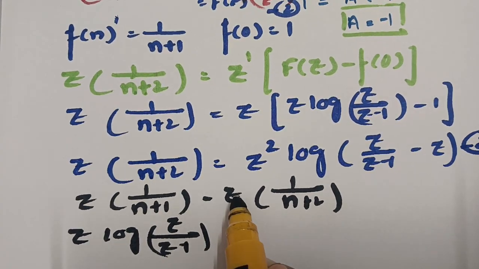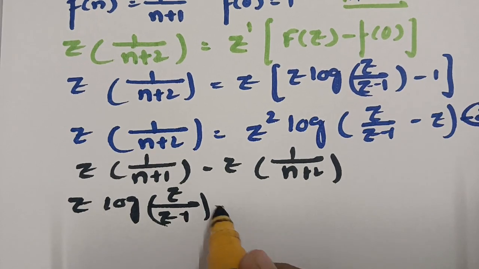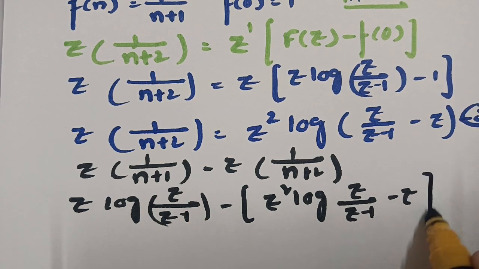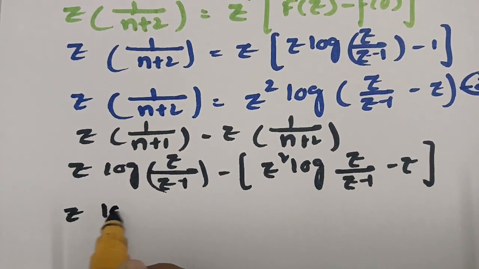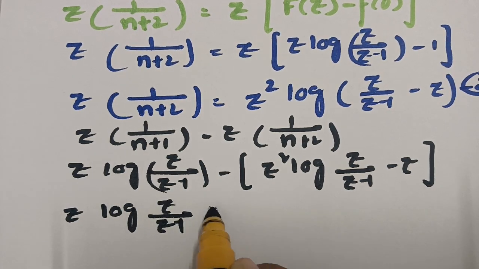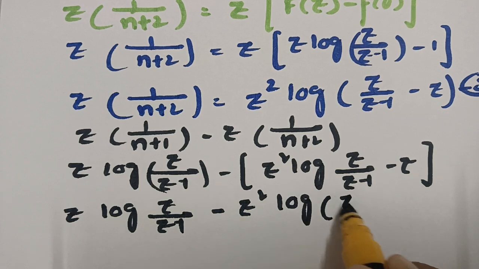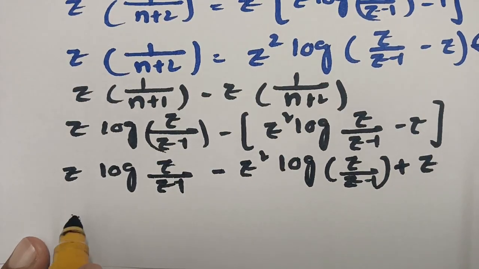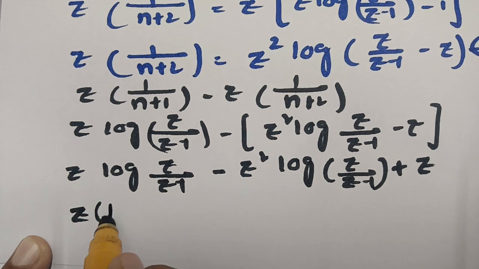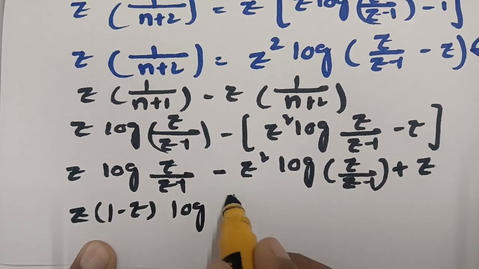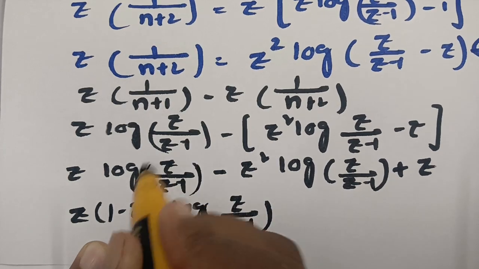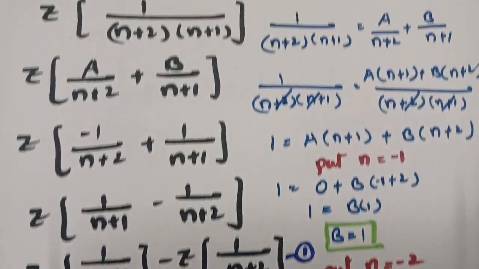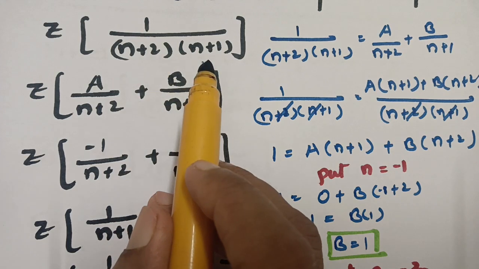And here the Z transform of 1 by n plus 2 is minus of Z square log of Z by Z minus 1 minus Z. If I multiply, this will be log of Z by Z minus 1 minus Z square log of Z by Z minus 1, and minus of minus, this value is Z. If I take Z common here, this will be 1 minus Z log of Z by Z minus 1, plus Z. This is the value for the Z transform of 1 by n plus 2 into 1 by n plus 1.